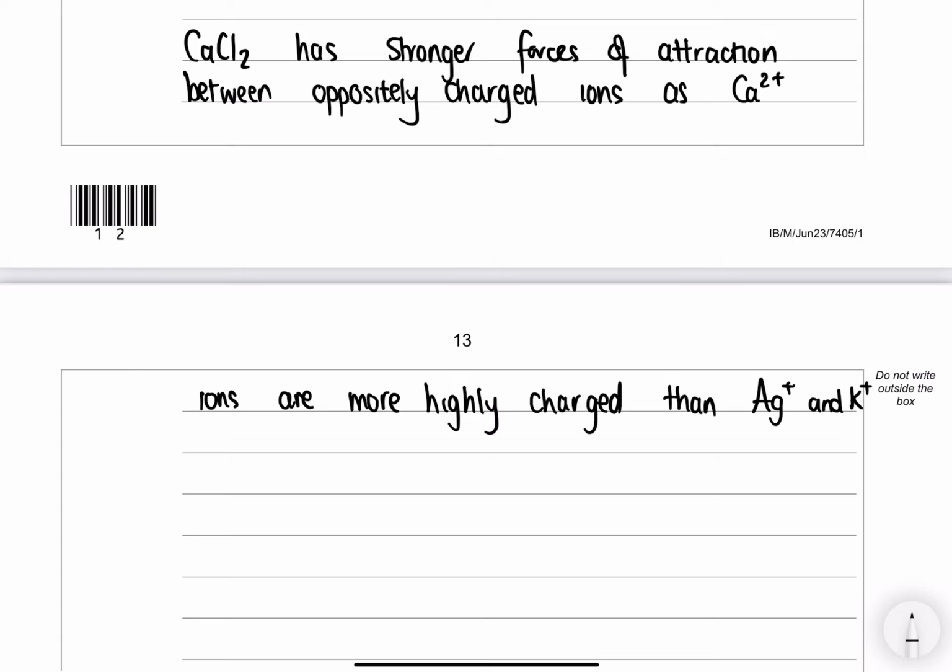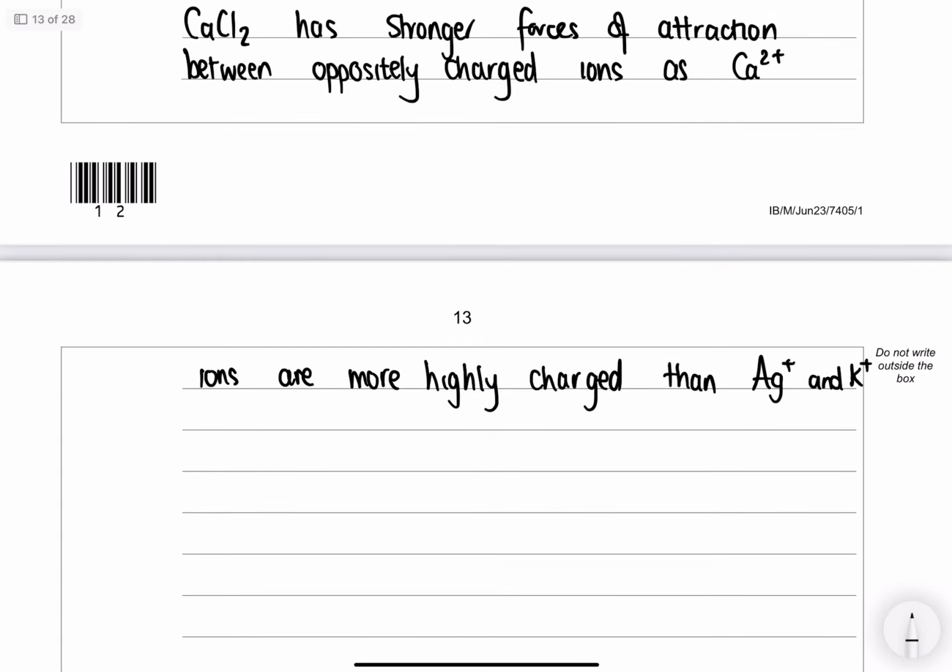And if you look at the periodic table, they're also a little bit smaller than potassium because they've got more protons but the same number of electron shells, and quite a lot smaller than silver ions because being higher up in the periodic table. So they are more highly charged and smaller.